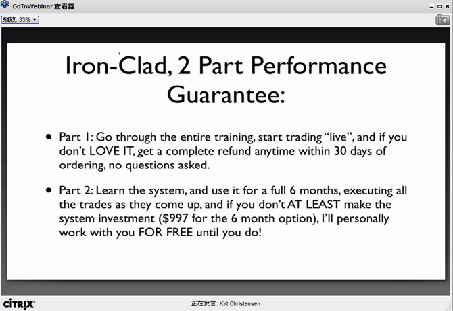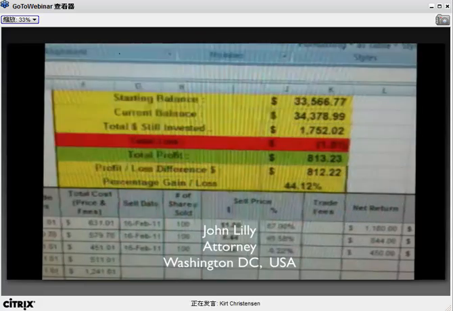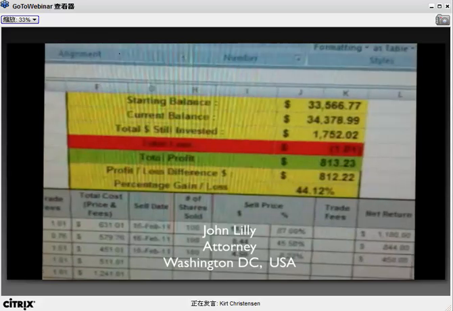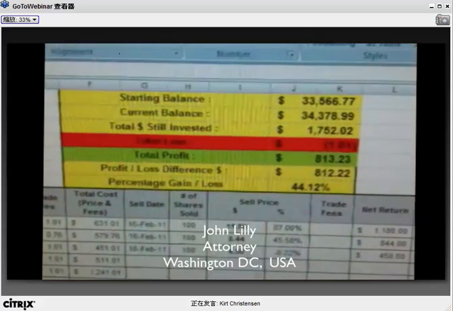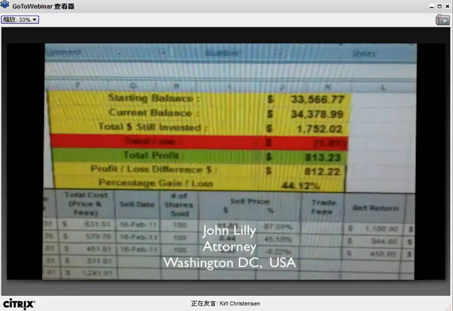He created his own little spreadsheet, so this is pretty cool. Hi, my name is John Lilly, and you're looking at a spreadsheet that I'm maintaining for my ETF tipping point.